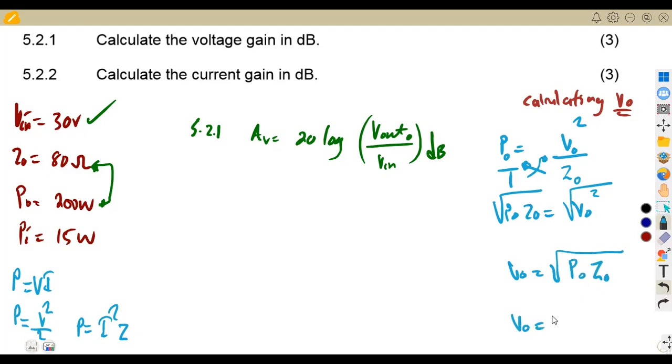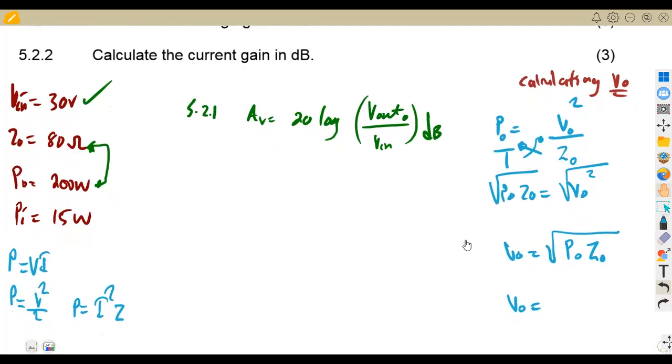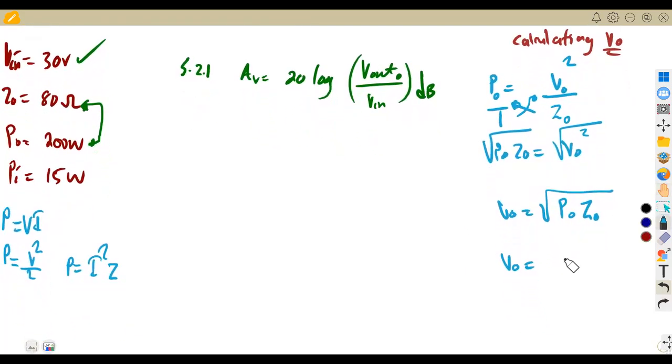This is a repetition from the last question, which is fine, it's good for revision. Pout, the output power, is 200 watts, times Zout, the output impedance, which is 80.